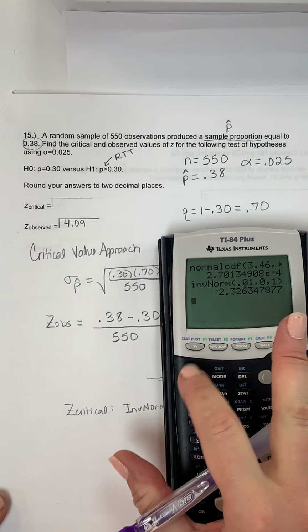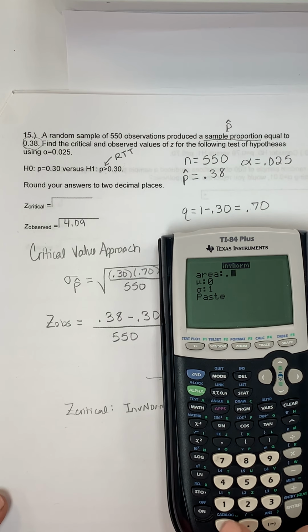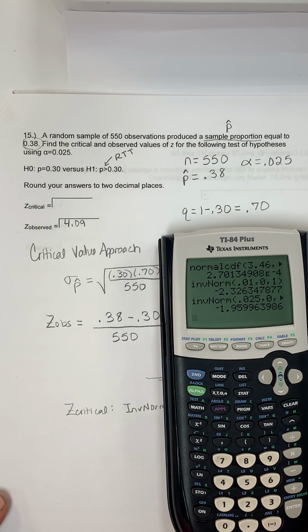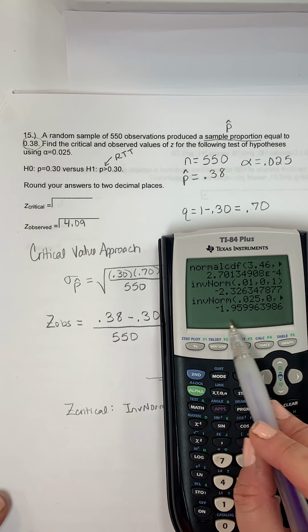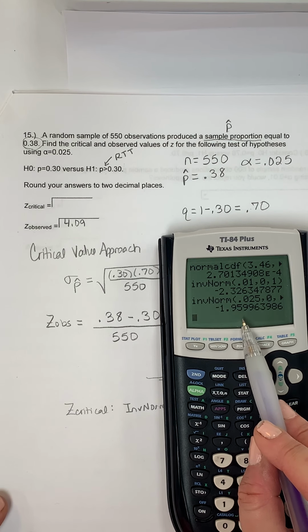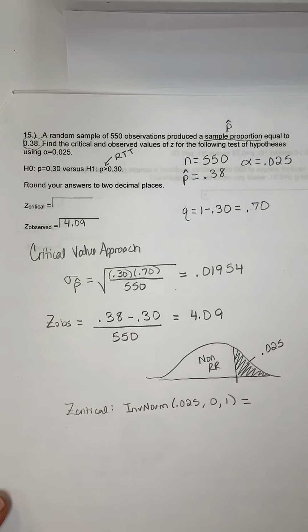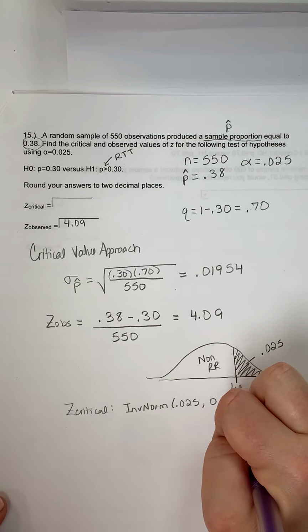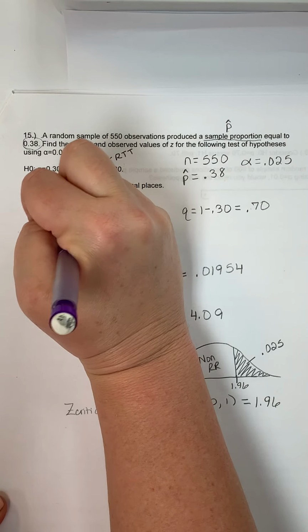Inverse norm, our alpha is 0.025, comma 0, comma 1. All right, now remember, we want the positive version of this critical value. So we're going to do 1.96. Okay, 1.96. That is our critical value.